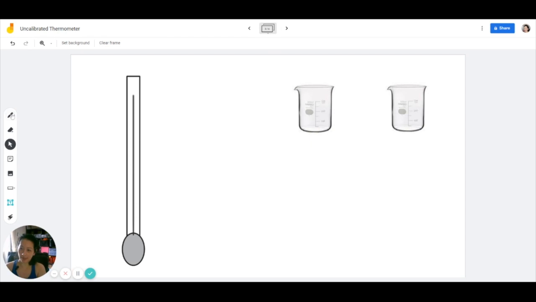First things first, let's talk about the construction of the thermometer. Let me use another color so that it's prettier. Let's use green. So this is of course the bulb, which is where the mercury is stored. And we have the glass tube on the outside, which protects the capillary tube on the inside.